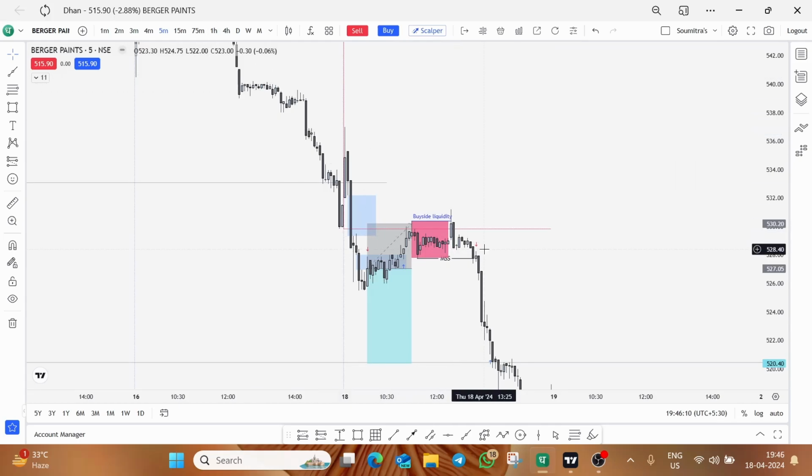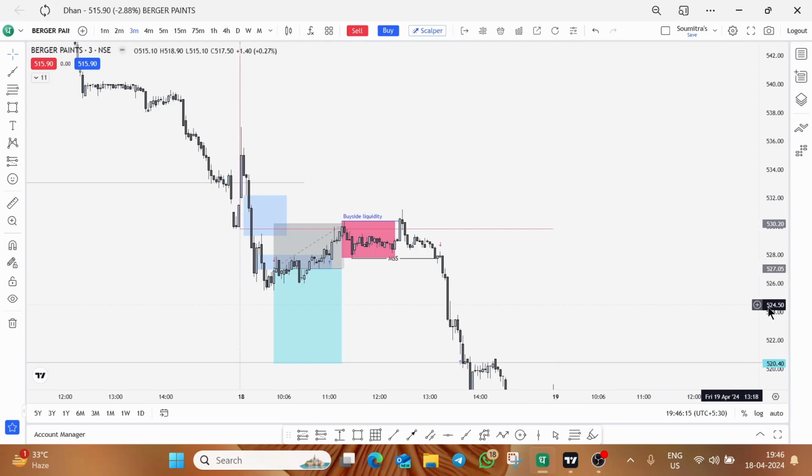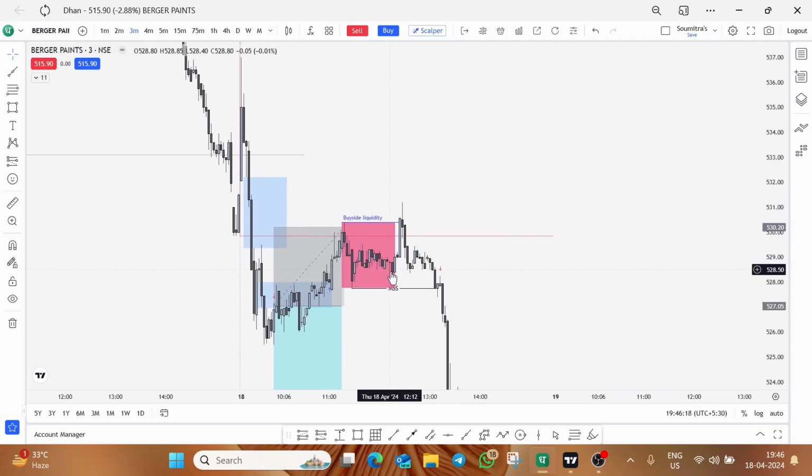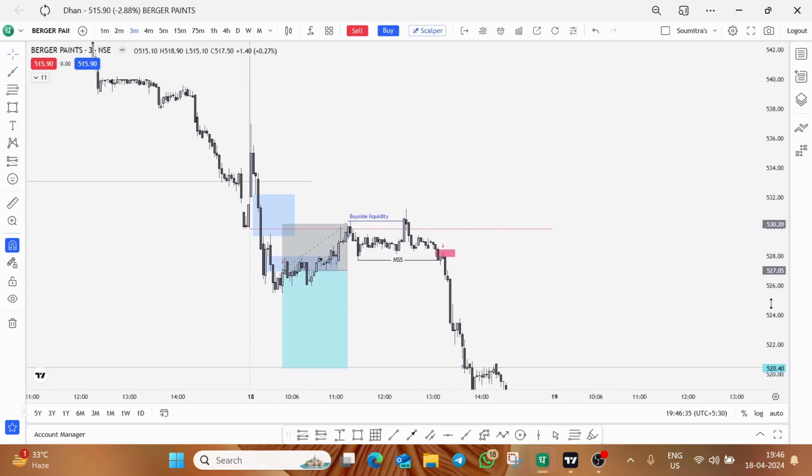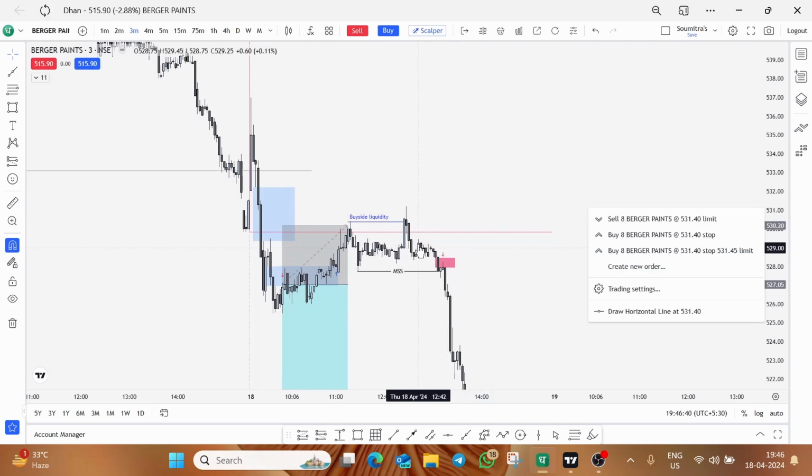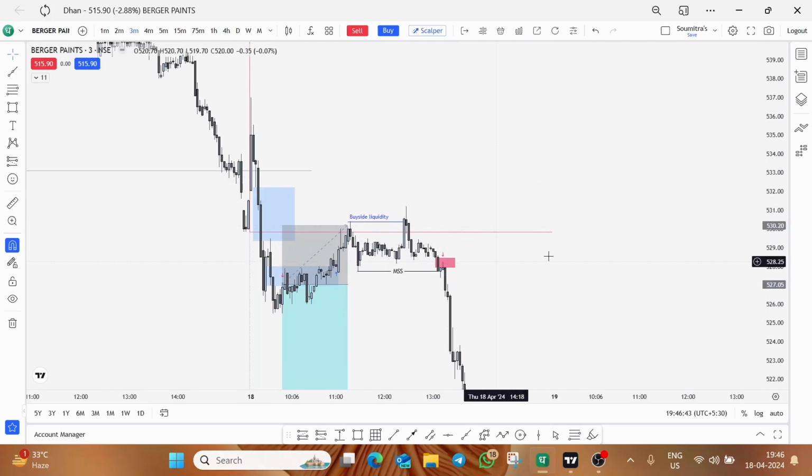So instead of waiting for this fair value gap to fill, I just simply shifted to the 3 minutes time frame, using this market structure shift and this fair value gap, because at that time the market was in real selling mode. To me, it seemed that it will not reach this type of order blocks here and only just sting into the fair value gap and then go down.